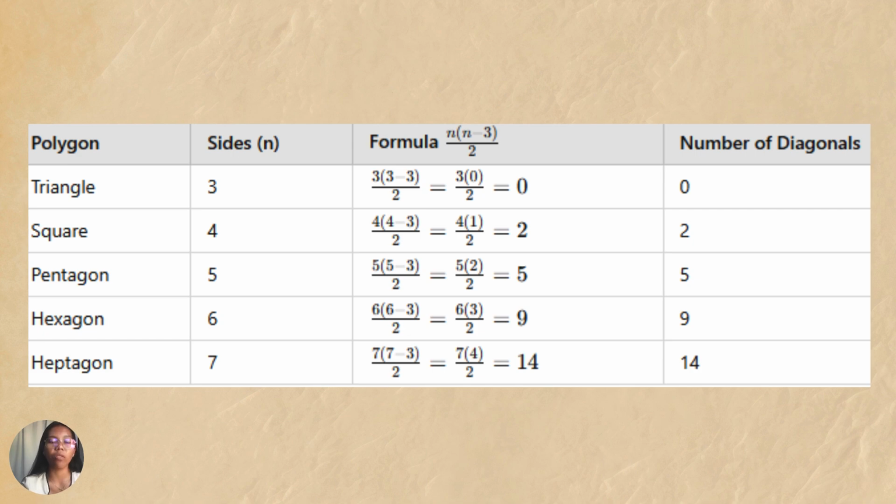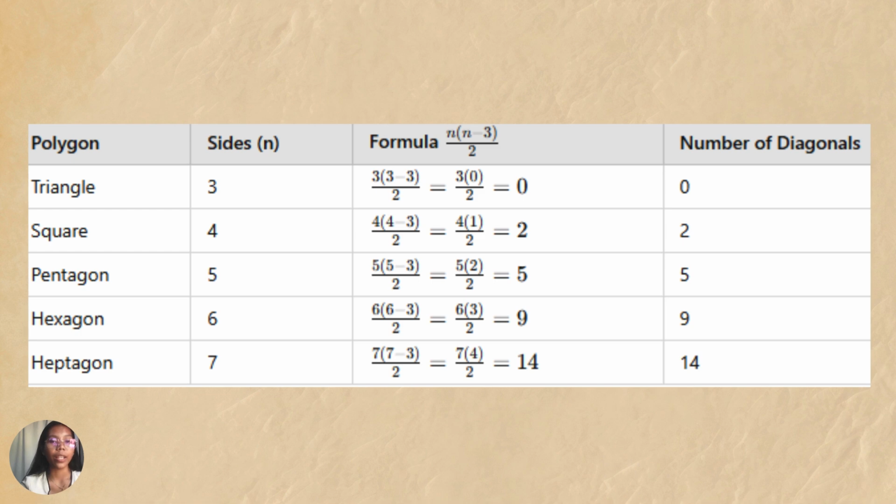So here is the formula for getting the number of diagonals. For example, in a triangle, the formula is n times (n minus 3) over 2. How many sides are there in a triangle? 3.